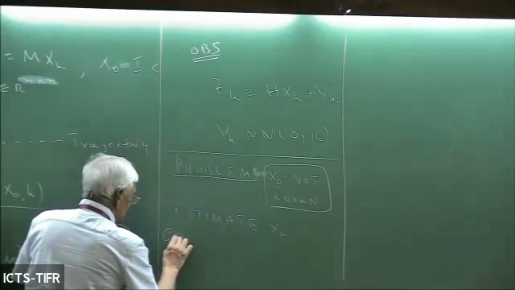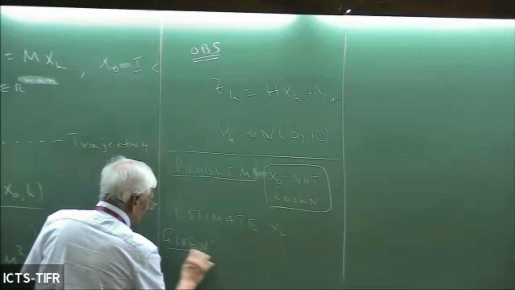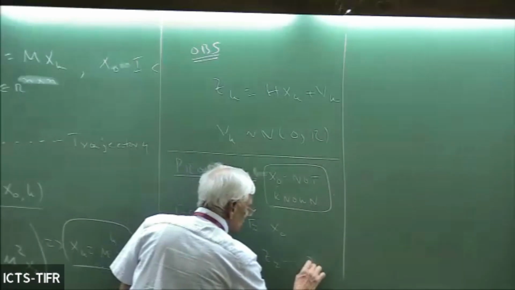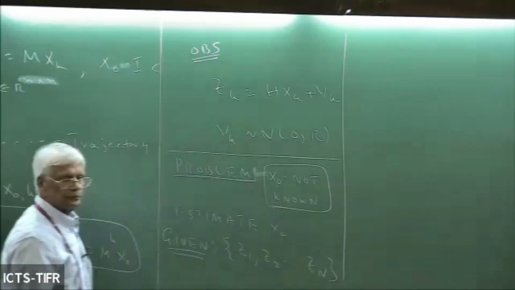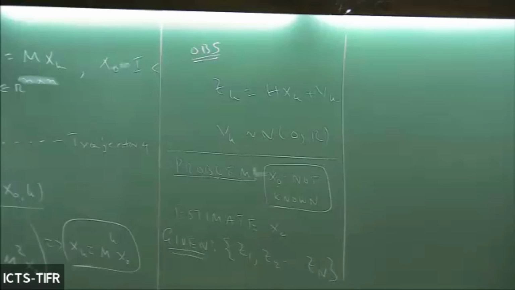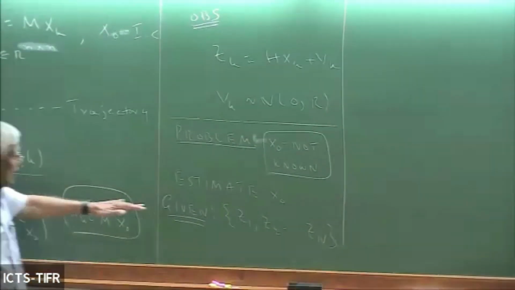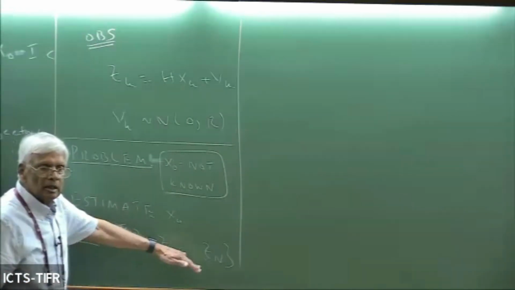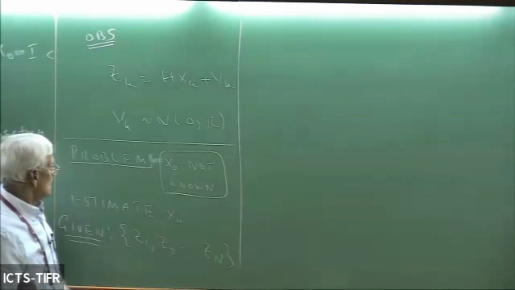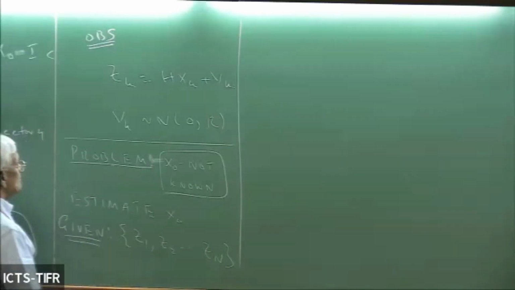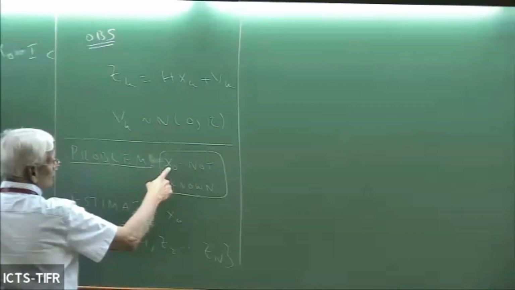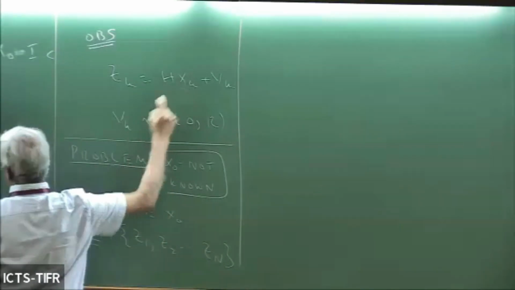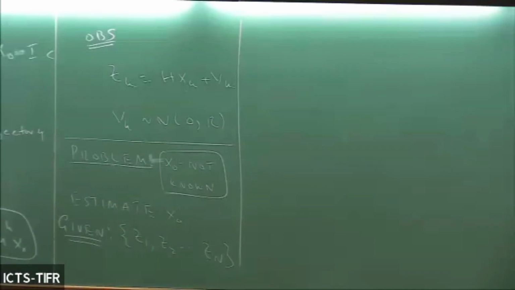But what is given to you? Given to you is a collection of observations at time t, z1, z2, up to capital N. So given a collection of observations starting from time 1, 2, 3, up to n, I would like to be able to estimate x naught, where the z's are related to xk and xk evolves according to the model.